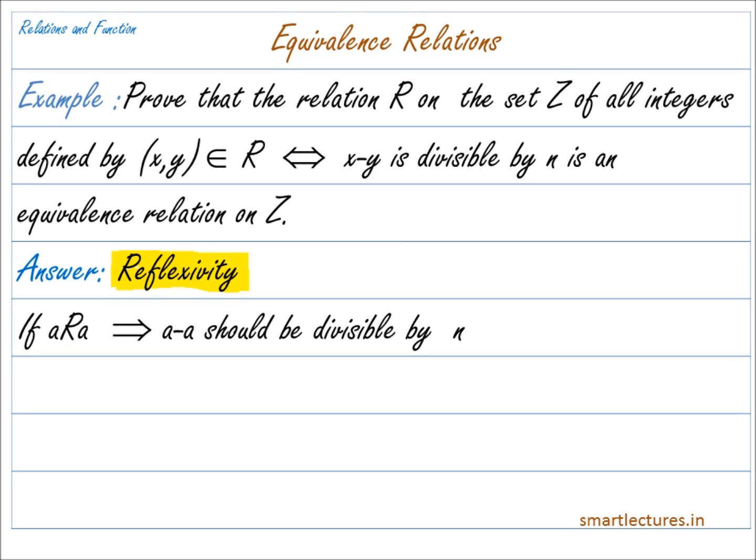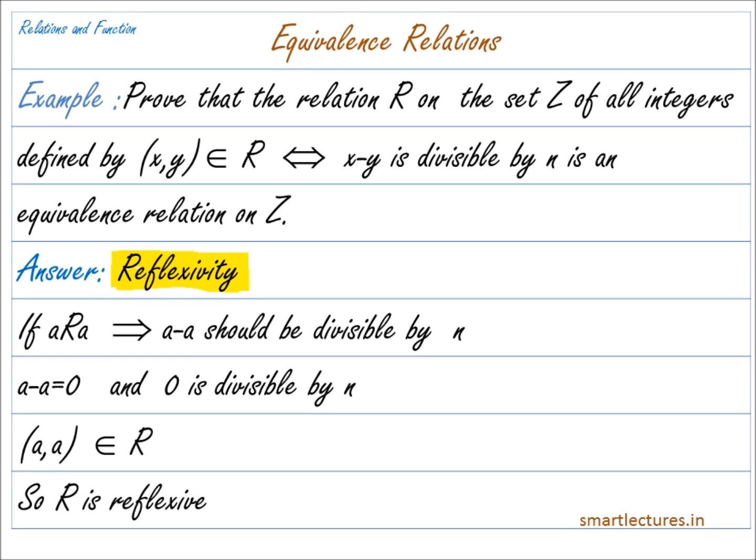Now a minus a is equal to 0 and 0 is always divisible by n, where n is an integer. So that means (a, a) belongs to R. So that means the given relation is reflexive on Z.